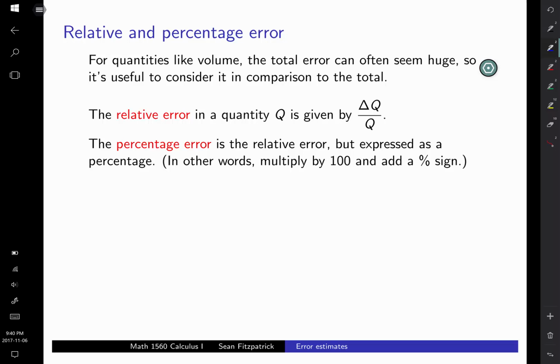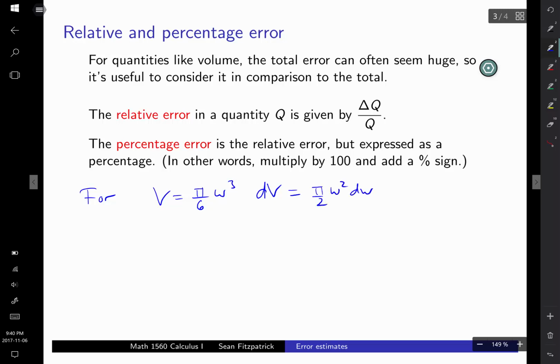Well, if it seems like it's bigger than it should be, it's often worthwhile moving from the total error, which we've calculated, the absolute error in that measurement, and looking instead at the relative error. So if we're looking at this volume, our volume was pi over 6 times the diameter cubed, and we said dV was pi over 2 times w squared times dw.